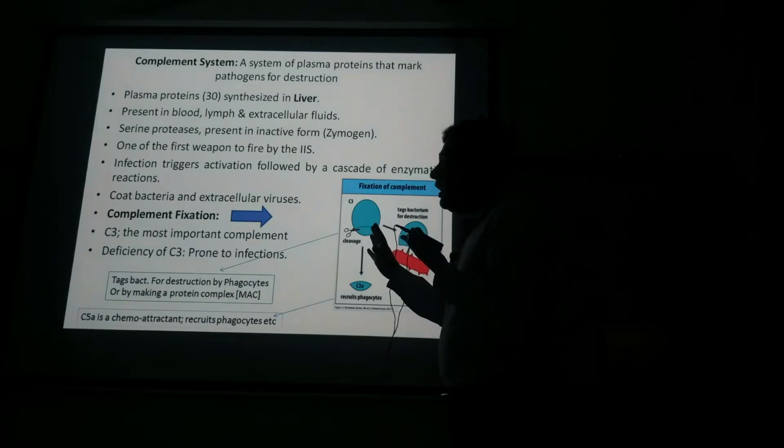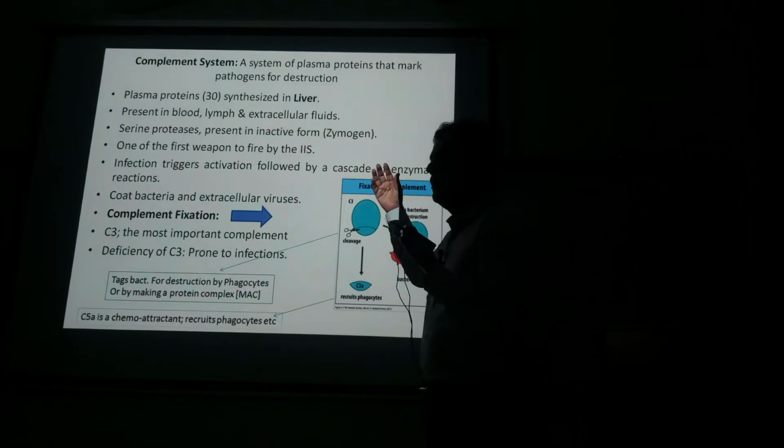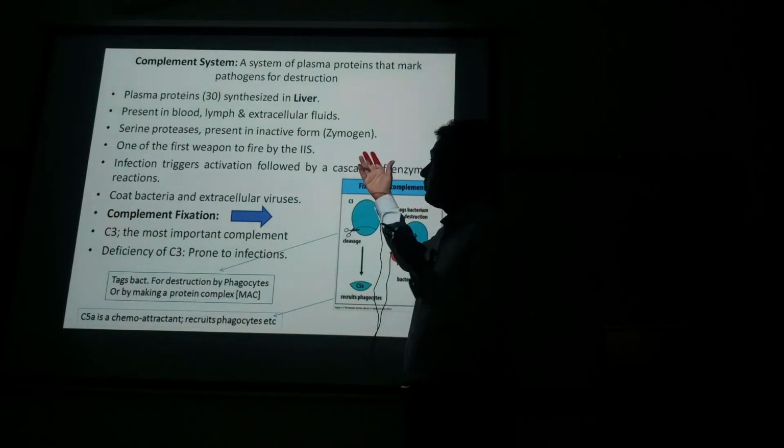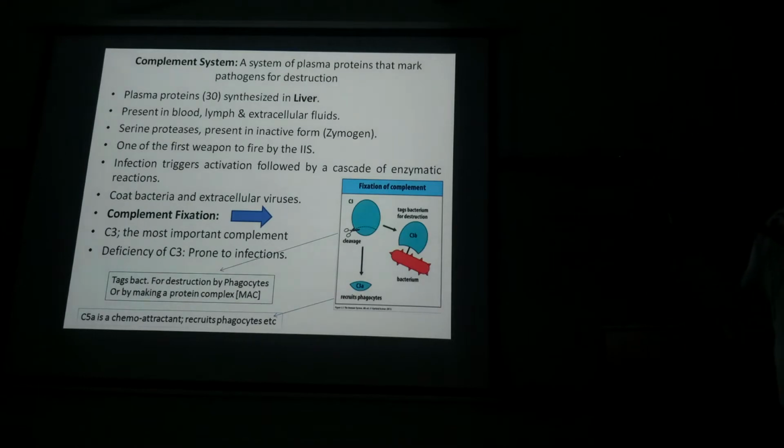So these enzymes are not active when they are synthesized inside the cells and secreted out into the blood. They are normally synthesized inside different cells of the liver, and then these enzymes in an inactive form are supplied to the blood, and they are one of the first weapons fired by the innate immune system.